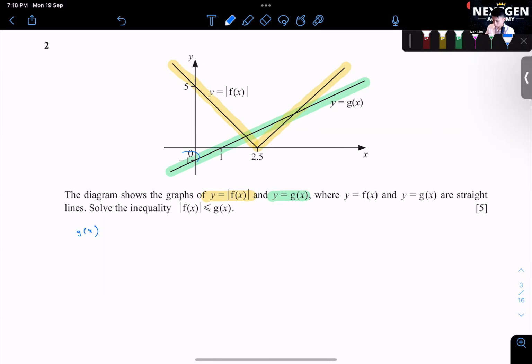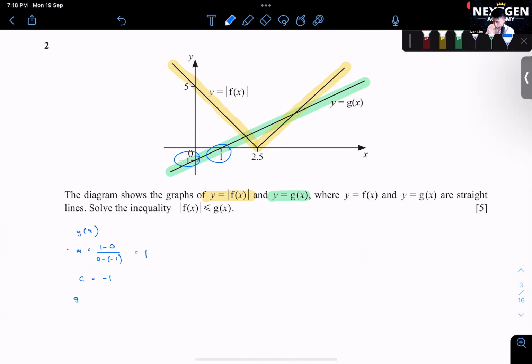We can see this -1 and 1 over here, so we utilize these two values. You can use y minus y1 equals m(x minus x1), or you can just count one by one. Find your gradient first: 1 minus 0 over 0 minus 1, which equals 1. Then we can straight away find y equals mx plus c, because from the graph I can also see the y-intercept, c, equals -1.